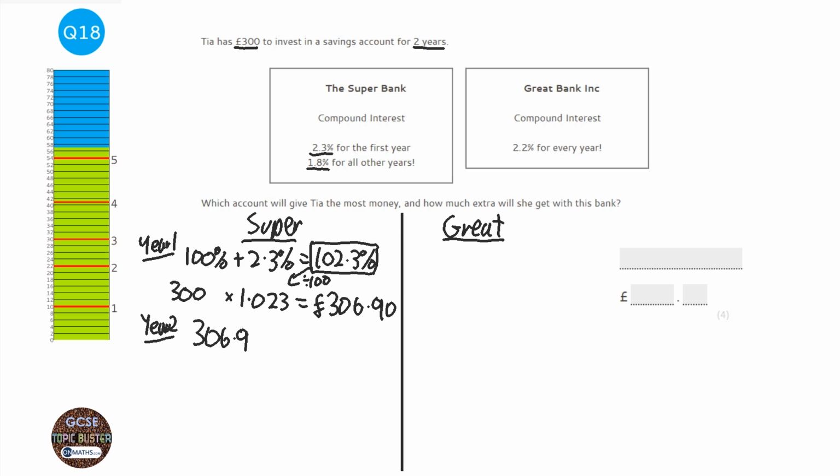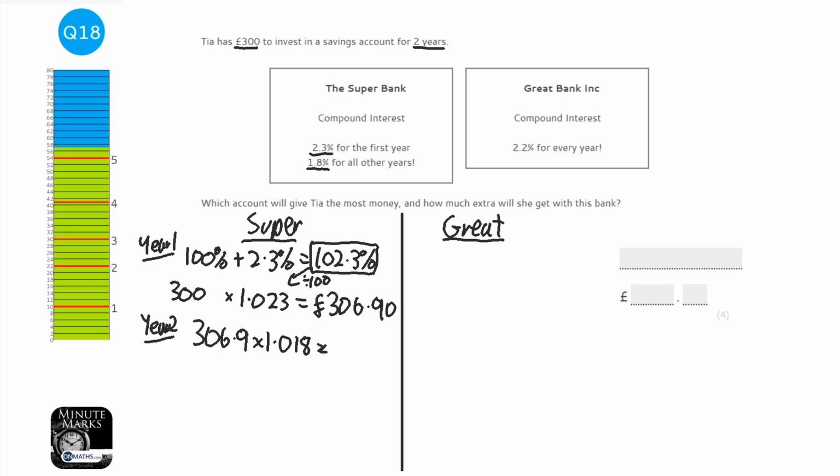we've got that £306.90, and we need to work out the multiplier for 1.8. I could go through the same method as before, but actually when you start using multipliers you realise how to just go straight there. So it's going to be 1.018, but you could do 100 plus 1.8 is 101.8 and then divide that by 100.